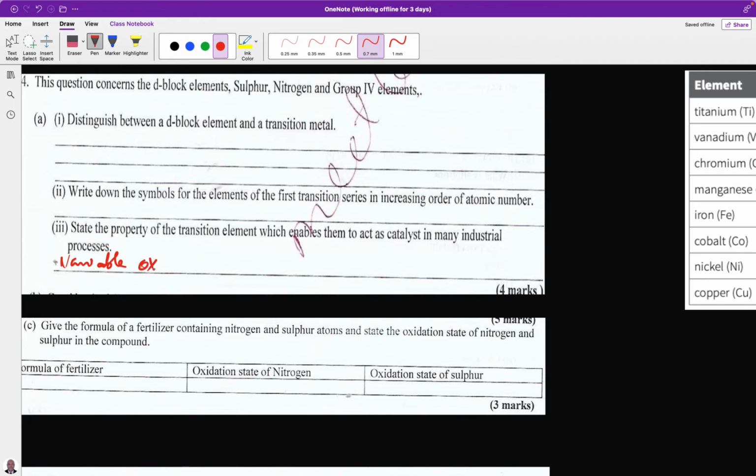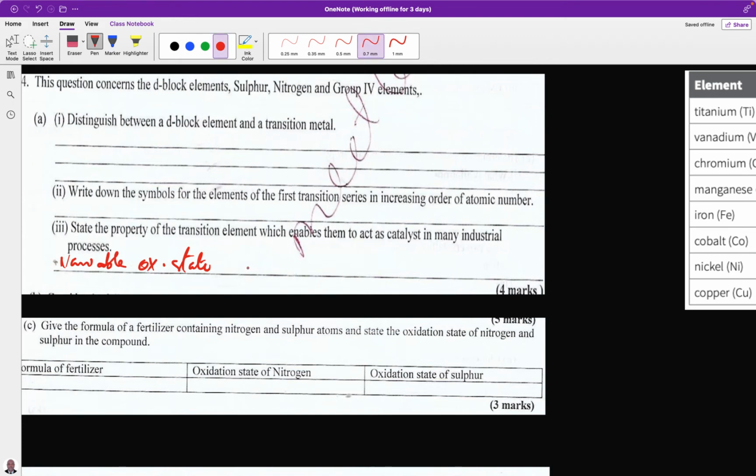State the property which enables them to act as a catalyst: they have variable oxidation state. Why do I say that? Because this variable oxidation state gives them the ability to change oxidation state and exist as one or more ions.